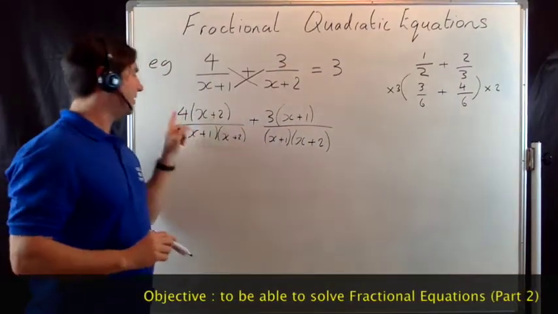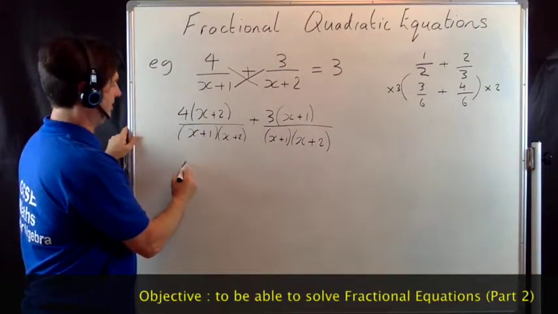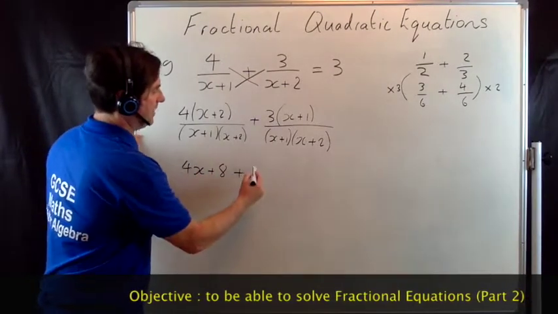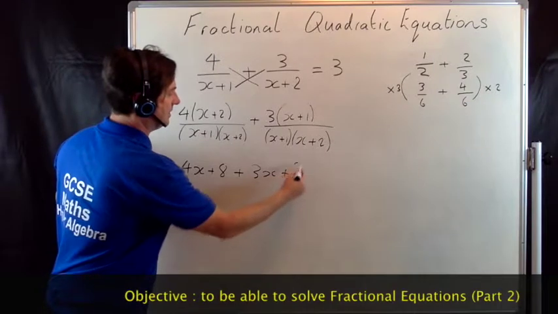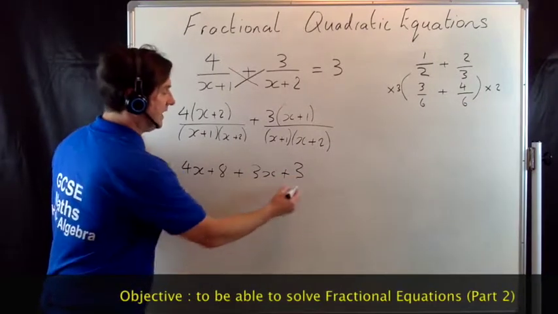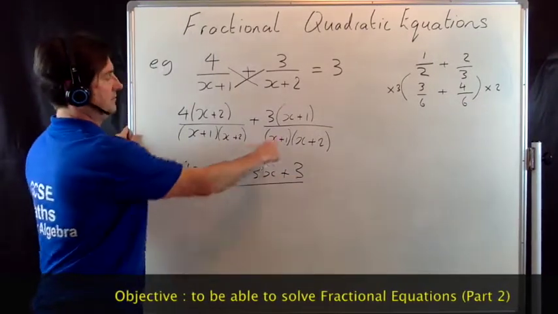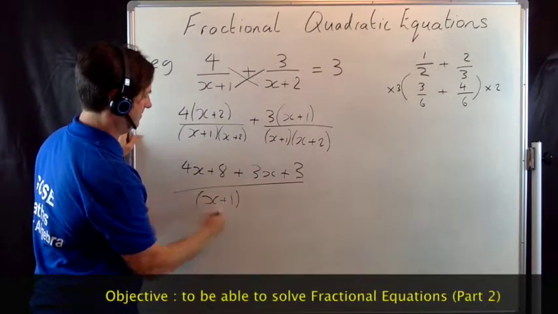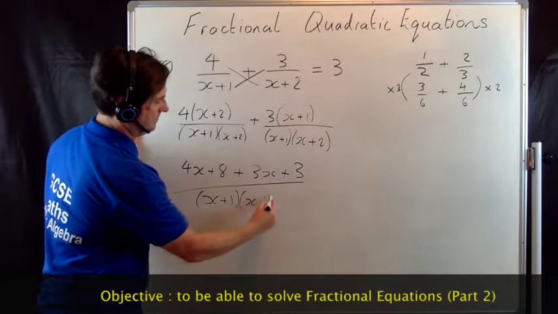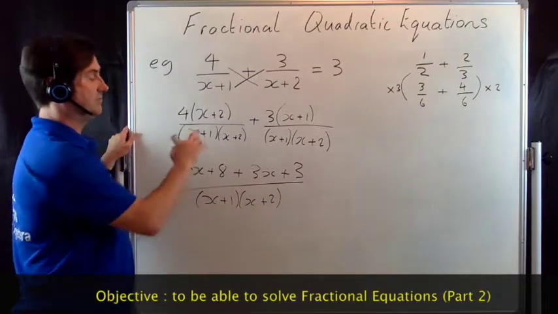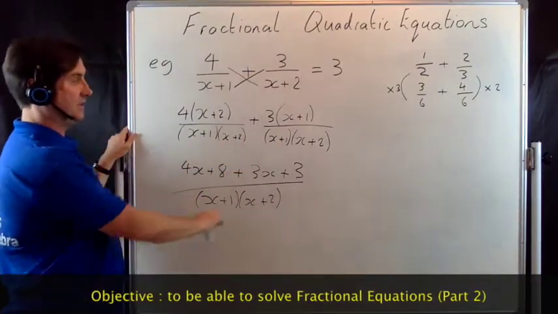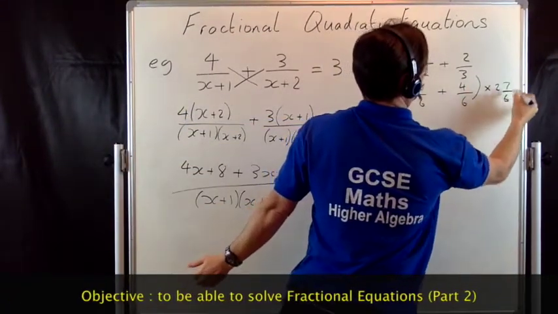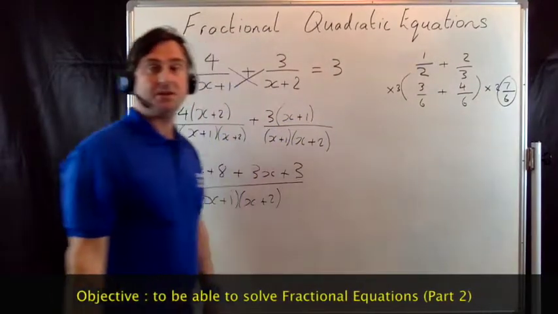So here, I multiply out my brackets, I get 4x plus 8 plus 3x plus 3, and that's going to be over x plus 1, x plus 2, because remember I do not add these together, it just stays as 6. On this one, it would give me 7 over 6 as my answer.